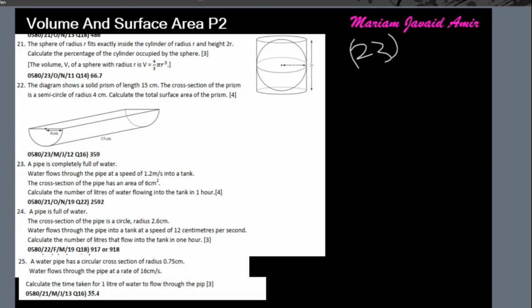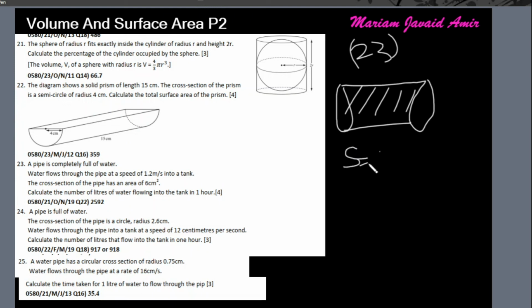Alright, so this question is related to volumes and also the topic rates. We're told that there's a pipe that is completely full of water. And we're told the water flows through the pipe at a speed of 1.2 meters per second. The cross section of the pipe has area 6 centimeters squared.